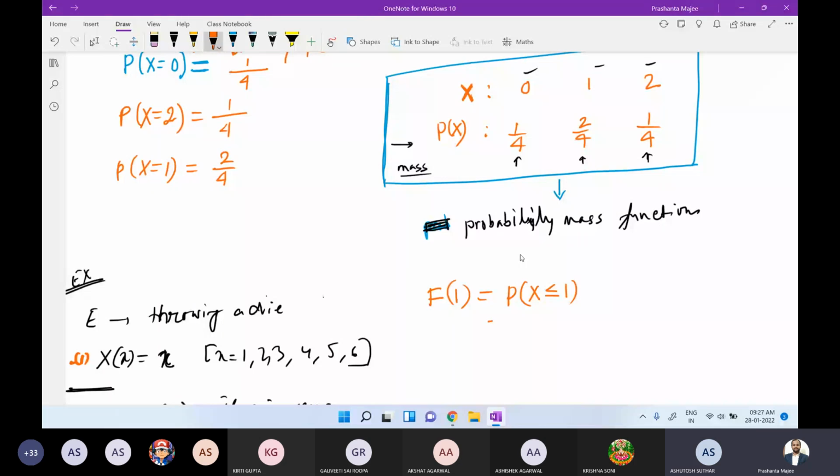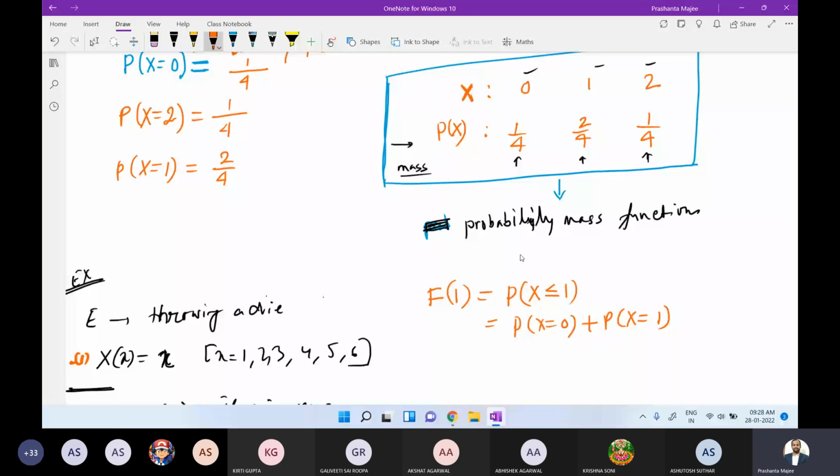So what are the possible outputs? 0, 1, 2. What are the values attained by X less than or equal to 1? 0 and 1. So this will be the probability at x equals 0 plus the probability at x equals 1. No other possible outputs satisfy X less than or equal to 1. Basically, we are finding the probability of all those events which are mapped to a real number less than or equal to 1.